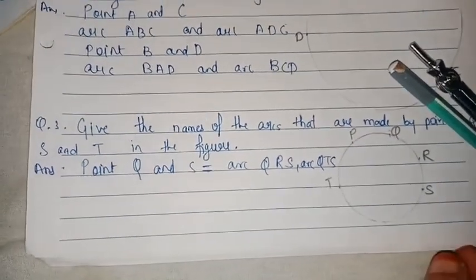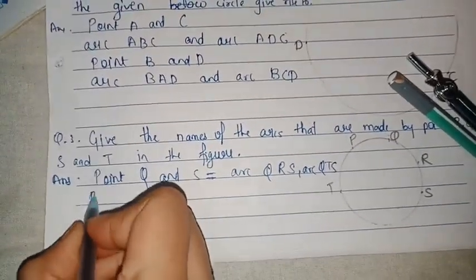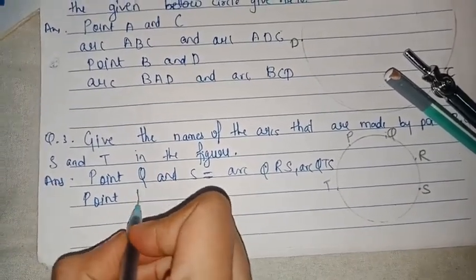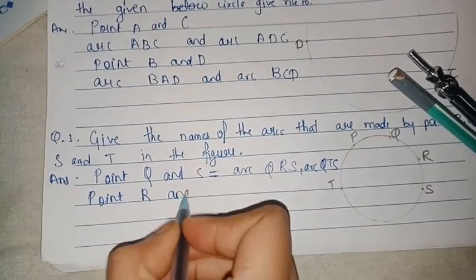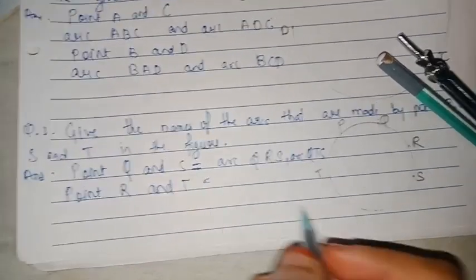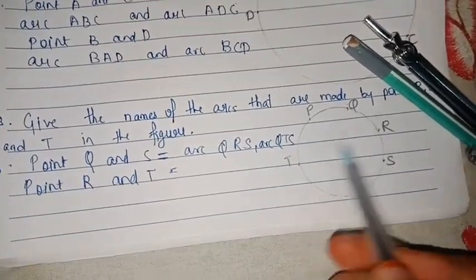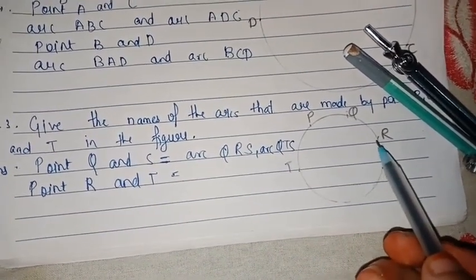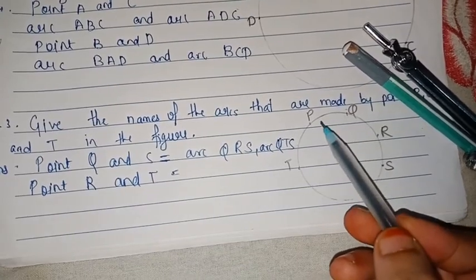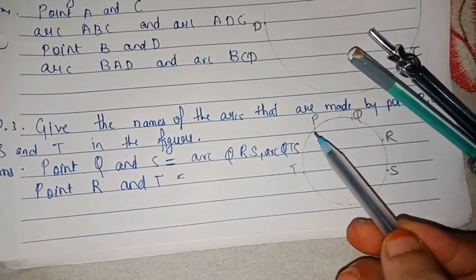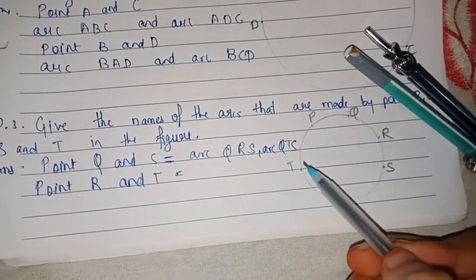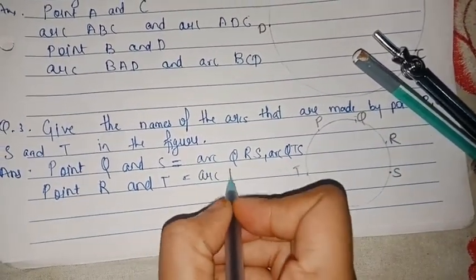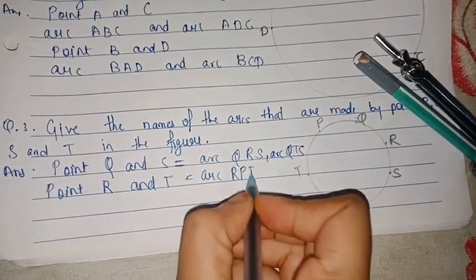Now second pair of points is R and T. Okay, now R is here and T is here. So first arc is arc RPT.